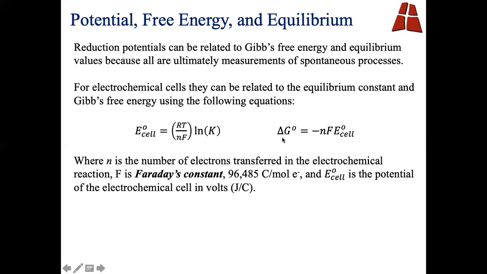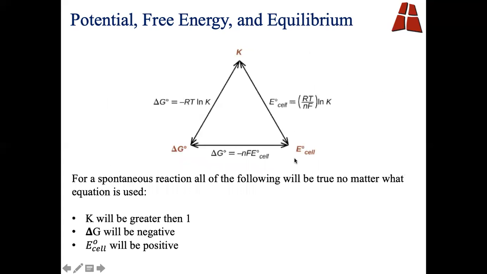Then we can also do delta G standard is equal to negative N, again being number of electrons, F, Faraday's constant, and then E cell, which is our electrochemical potential. That's how we relate Gibbs free energy and our electrochemical cell potential, okay?